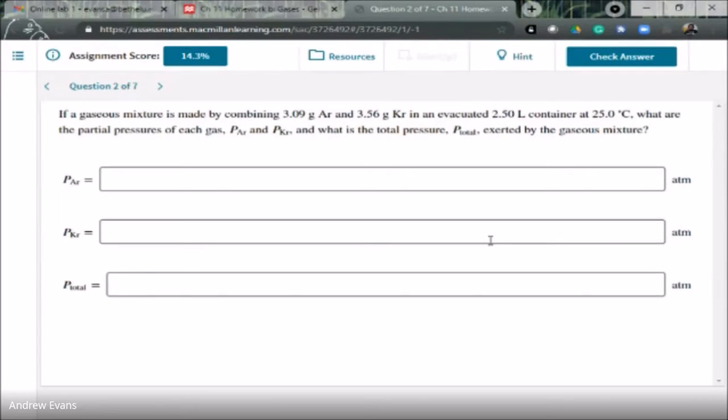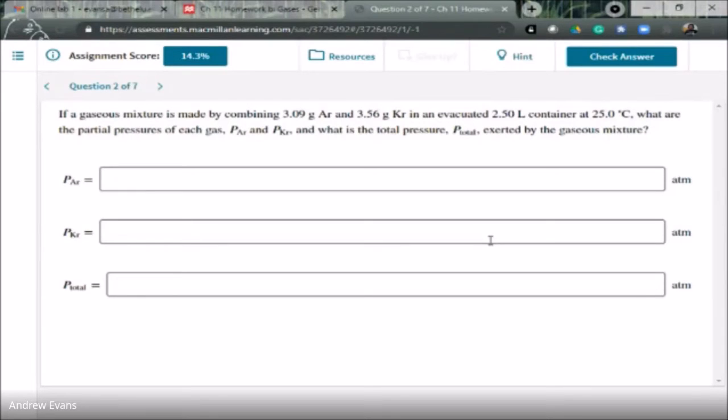This one is maybe a little bit harder. 3.09 grams of argon and 3.56 grams of krypton are placed in an evacuated 2.50 liter container at 25 degrees.